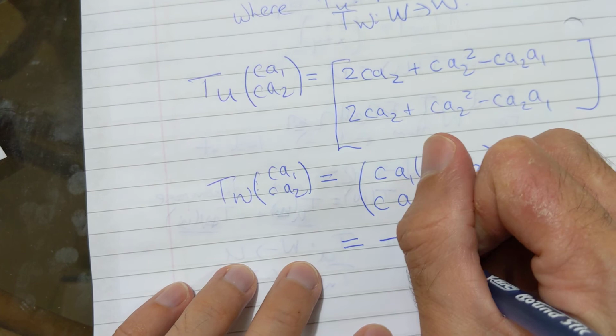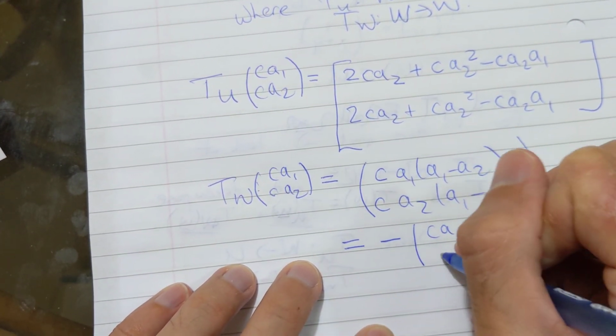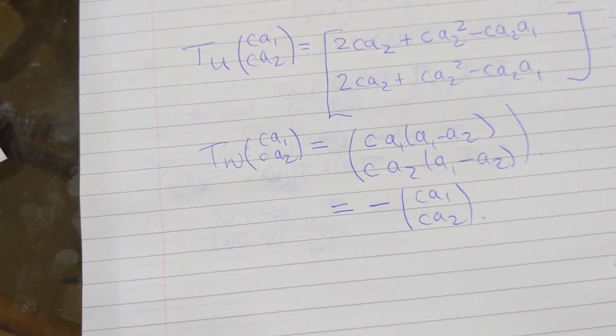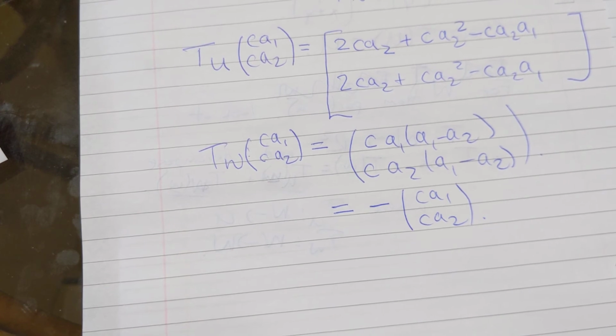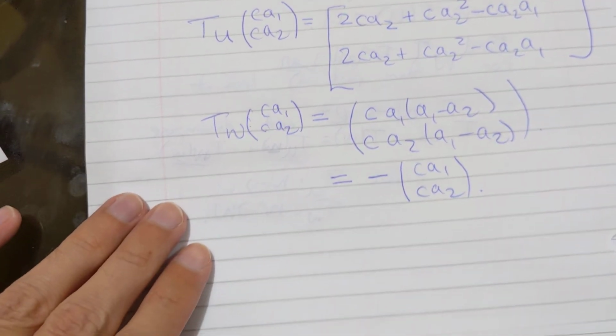This is -1, this is -1. So TW is just multiplication by -1.